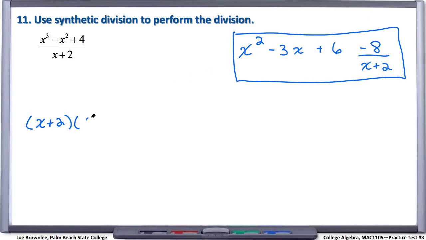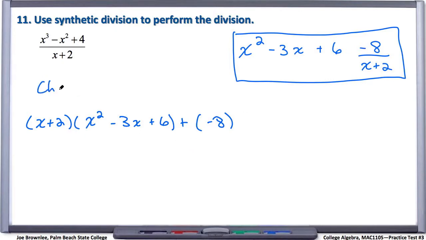In this case, x squared minus 3x plus 6. And because we ended up with a remainder in this case, we're going to say plus the remainder, in this case, negative 8. You don't have to worry about the x plus 2 when you're checking your answer. You're just going to put what's upstairs in your remainder.